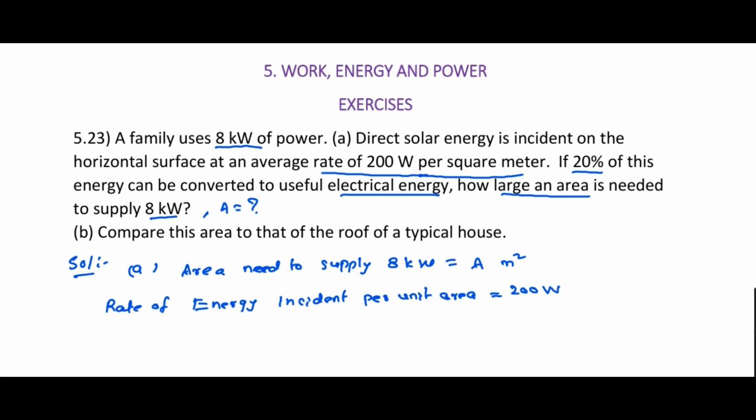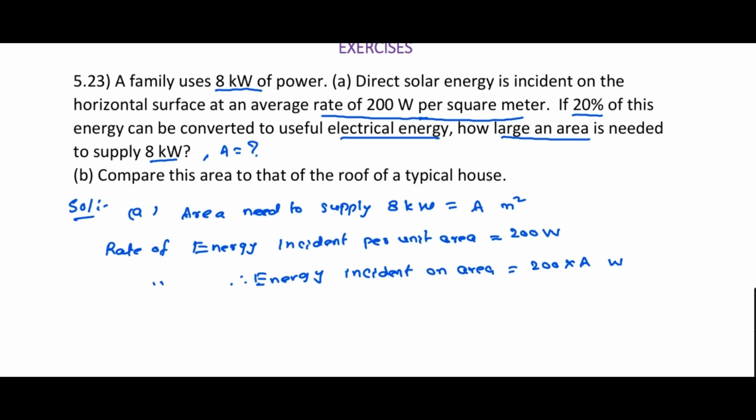This is also the data given. Therefore, the rate of energy incident on area A is equal to 200 into A in terms of watt. But only 20% of the energy is converted into electrical energy.